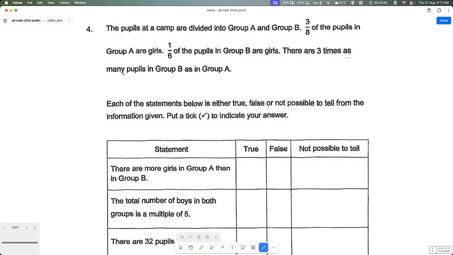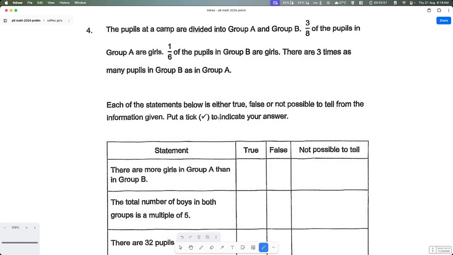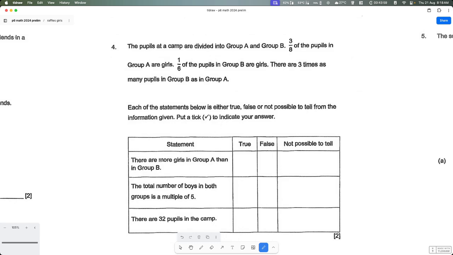There are 3 times as many pupils in group B as in group A. For each statement, say whether it is true, false, or not possible to tell from the information. Put a tick to indicate your answer. First: there are more girls in Group A than Group B.